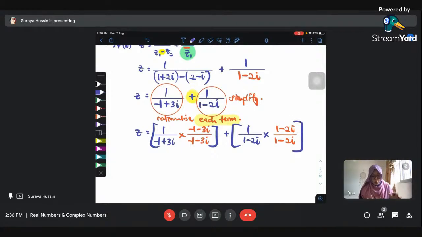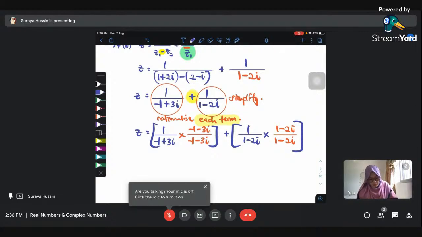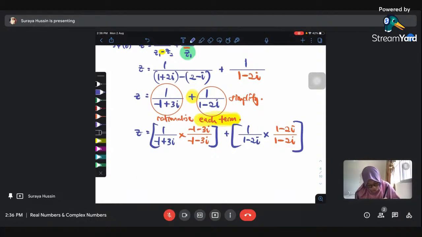Okay, so this is what you should do. Rationalize each term. Each term, okay? Because ada markah dekat sini. So, you solve it by yourself. And you will get jawapan 1 over 10 plus 1 over 10i. This is what you get untuk soalan yang pertama.